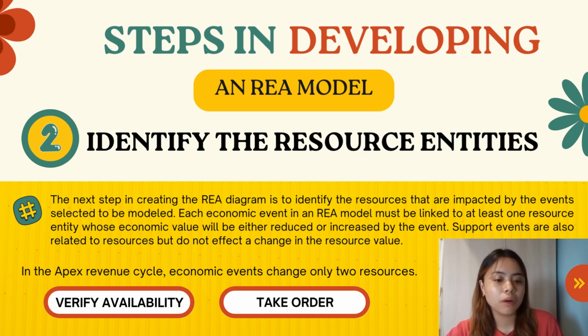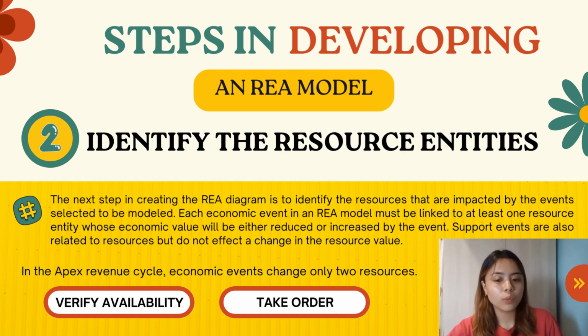While it's plausible to view all employee actions as consuming a resource called employee services, this is contingent on specific context. In the case of Apex Supply, where employee services are not tracked to specific projects or products, this entity will not be incorporated into the REA model.